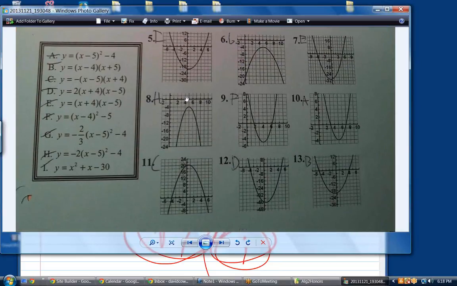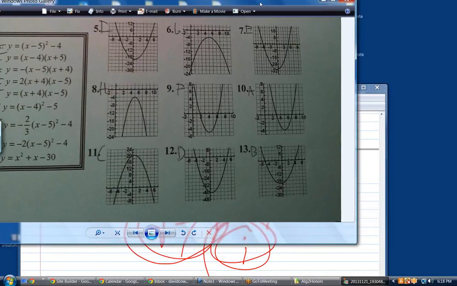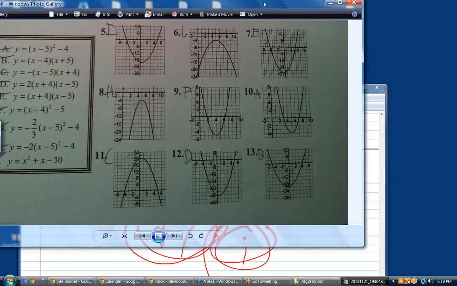This is kind of interesting. Which of these graphs is x minus 5 squared minus 4? 10. 10 has an x of 5 and minus 4, yes.